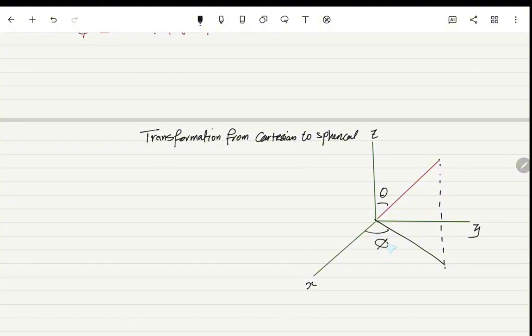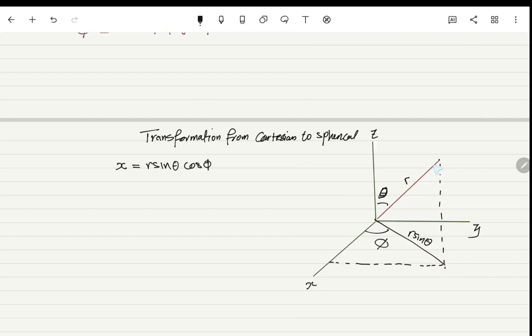Now, the x component, if this is r, it has intercept in the xy plane, and with making an angle sine theta, because this is theta, and this will be the new vector, this one r sine theta, and this new vector r sine theta, it has intercept on the x-axis, which is r sine theta cosine phi. So x in this case equal to r sine theta cosine phi.